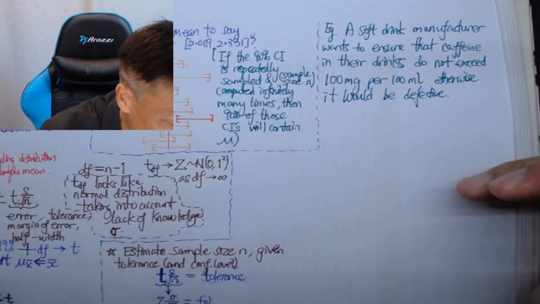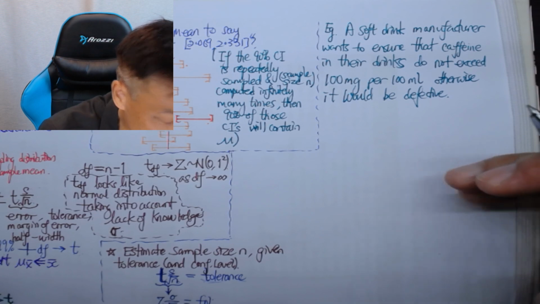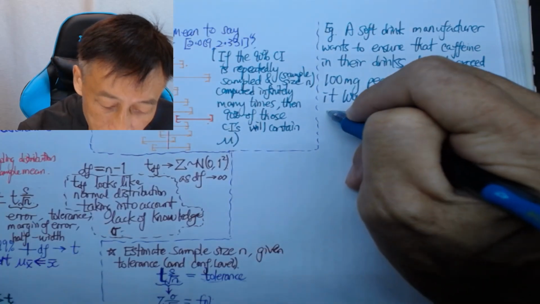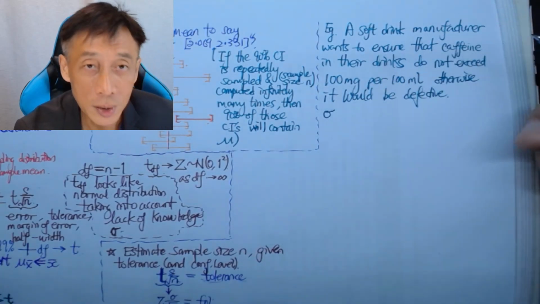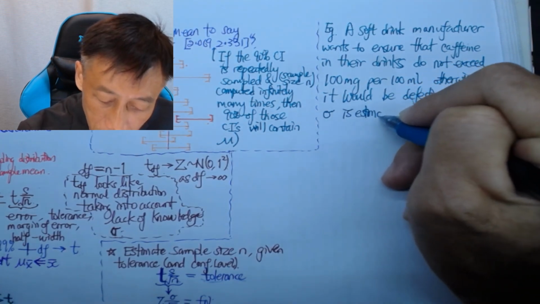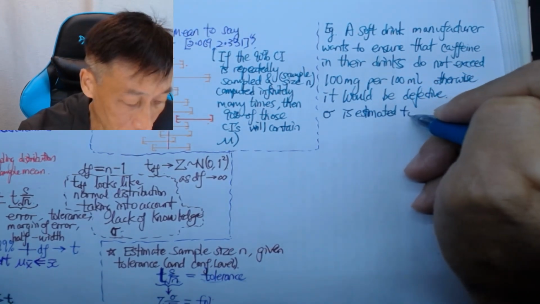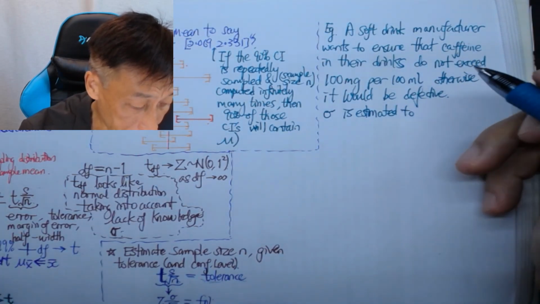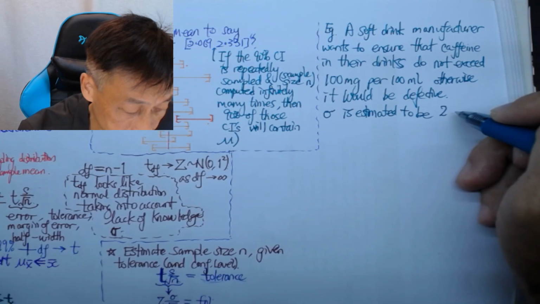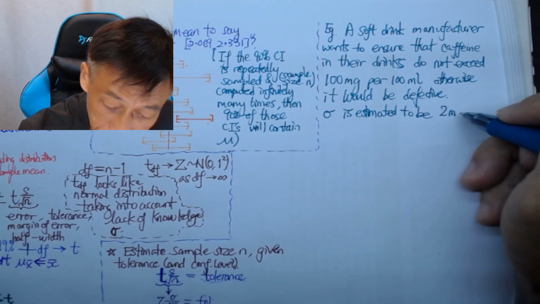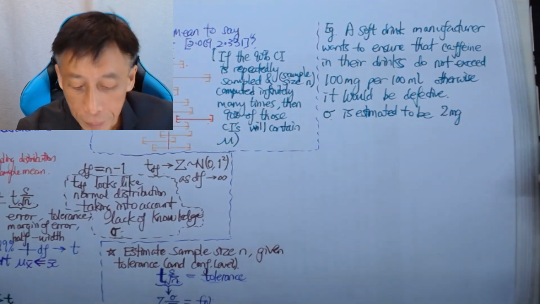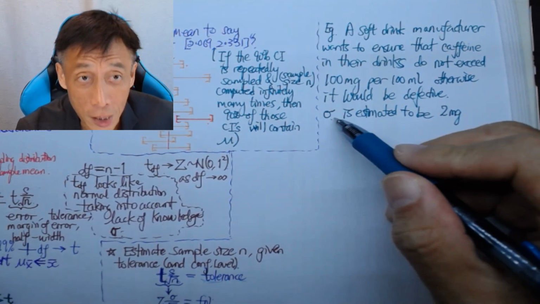And we can just give some numbers here since we're just giving an example. So we say that the population standard deviation sigma is estimated to be 2 milligrams. What is sigma? It's the population standard deviation of what?